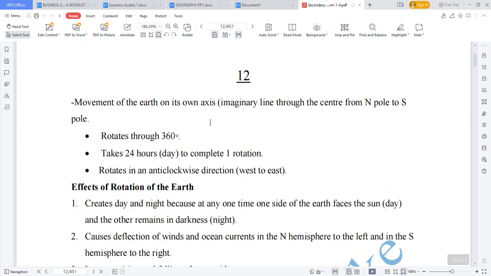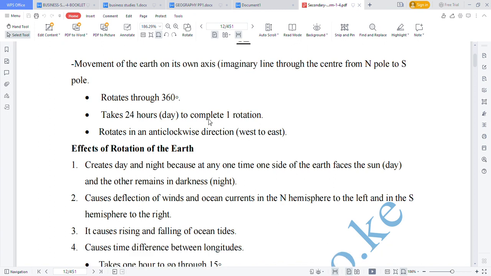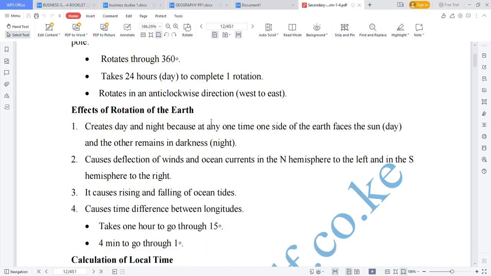Rotation of the earth is the movement of the earth on its own axis. Somebody can say it is an imaginary line through the center from North Pole to South Pole. It rotates 360 degrees.